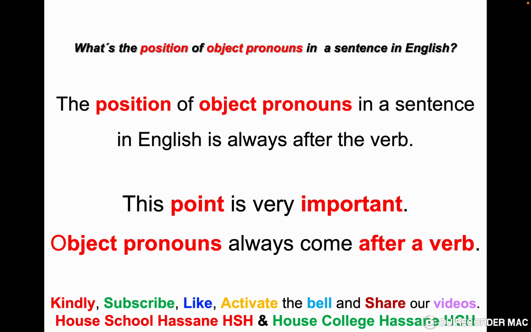Never before the verb, always after the verb. This point is very important. I repeat, object pronouns always come after a verb. So this is what we are going to focus on today.